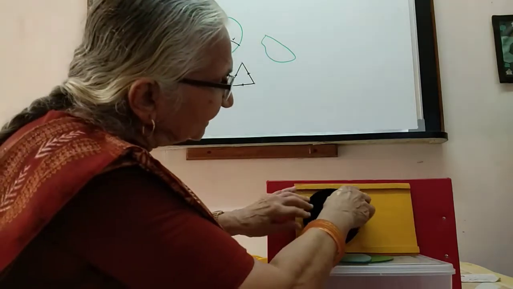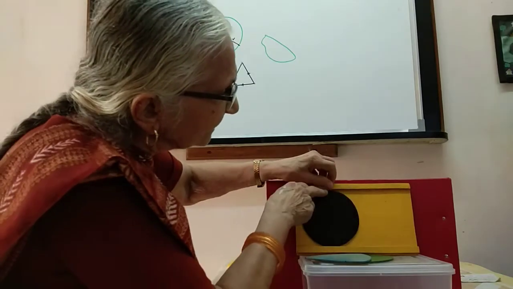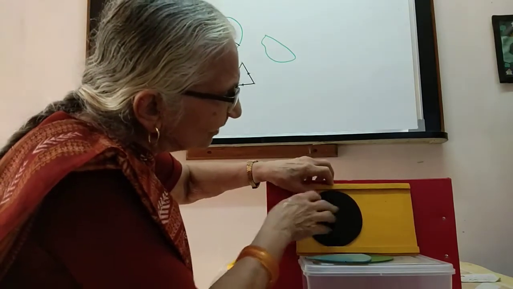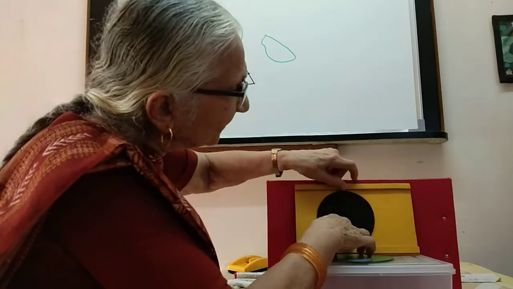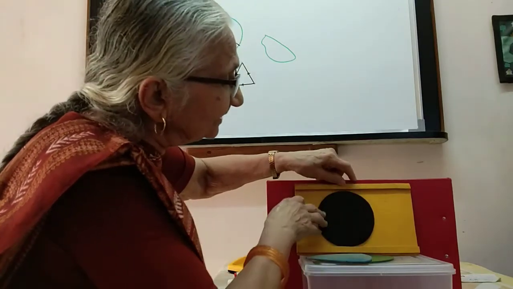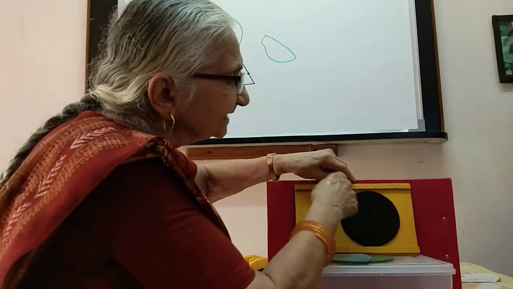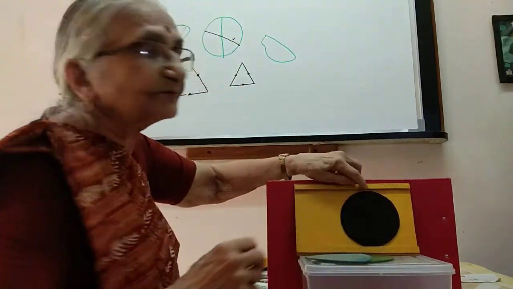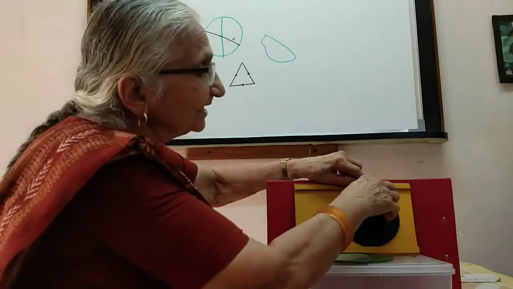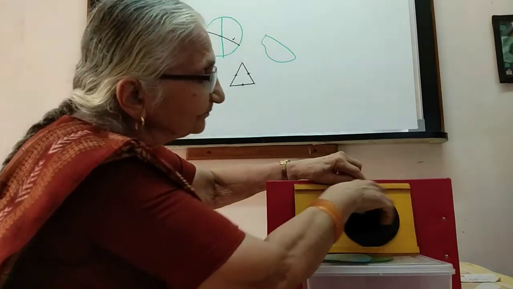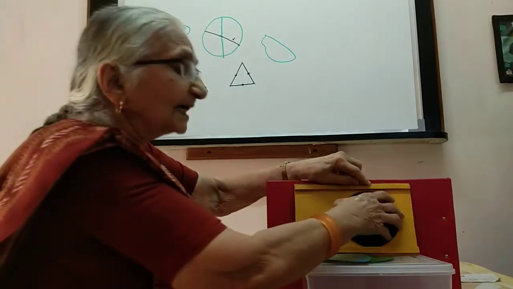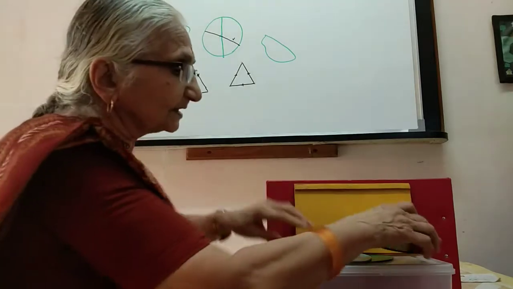So if I put it here, and once this touches here, if I roll it, at this point it's the same width, so again it will touch, again it will touch, and so on. Because all the other chords are smaller and the width will always be the largest, and if it is the same width every time, it will always touch this. And that we know it happens in a circle.